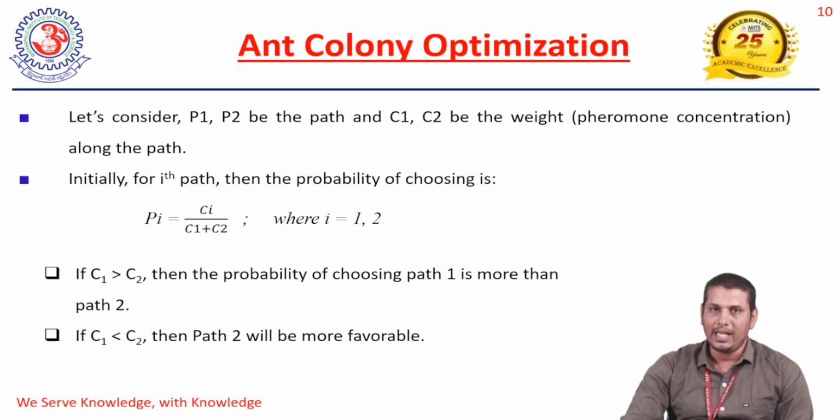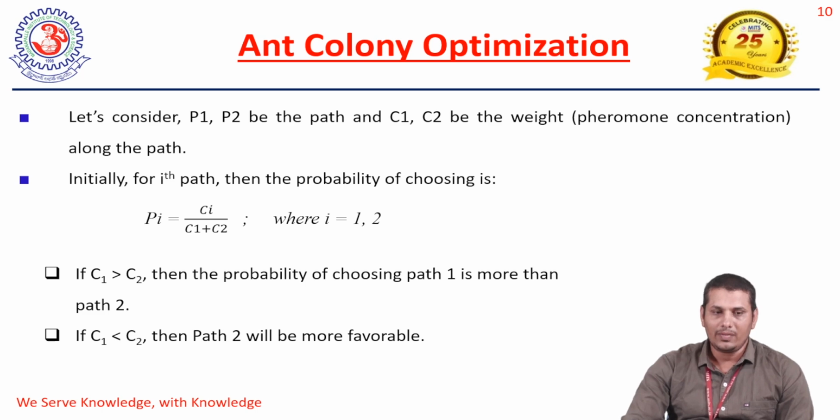Here i may be the number of paths or weights that the ant or our algorithm is able to identify. I cannot always say that a particular problem has a single solution. The problem statement may have n different solutions, and those different solutions we consider as i, that is the path.